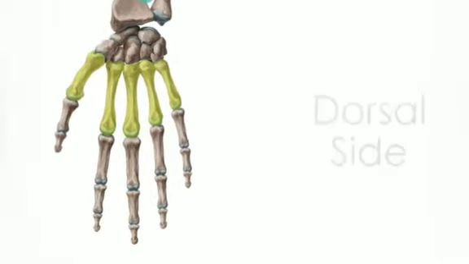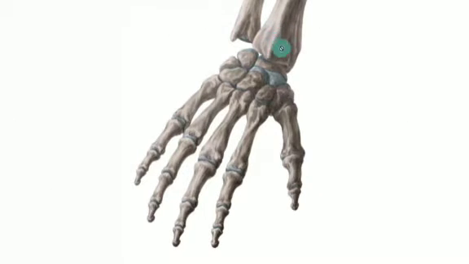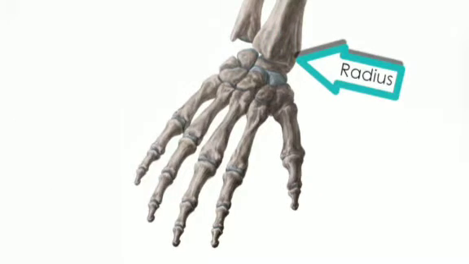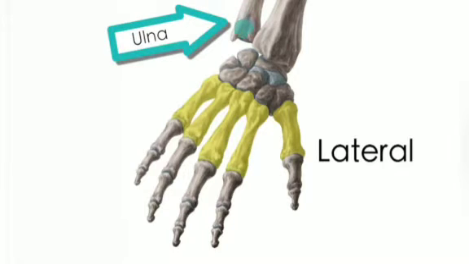But if we look at the dorsal side, or the back of the hand, you still see the radius. Let me highlight the metacarpals here. You notice the radius still located on the lateral side, the ulna on the medial side.